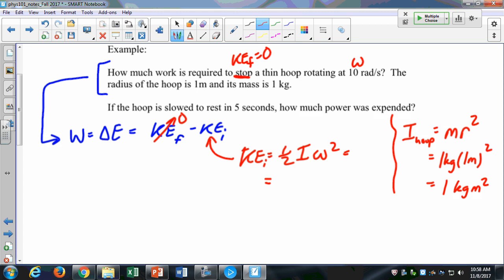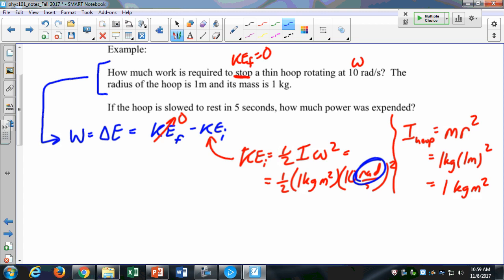So now I can find out what is my kinetic energy. That's 1 kilogram meter squared times 10 radians per second, squared. Be very clear that your units have to be in radians. Anytime that I'm building up SI units within an equation to produce another SI unit, which would be joules in this case, your angle always has to be in radians.